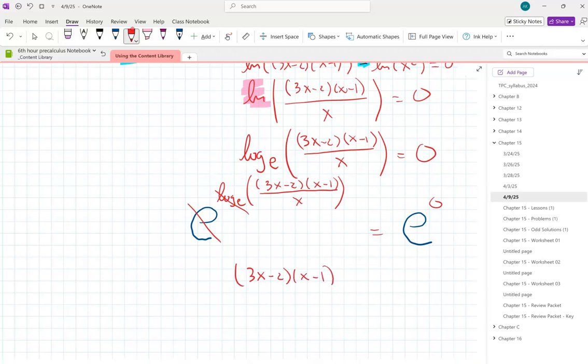So we're left with, oh my gosh, that was an x squared. I just forgot the squared. My apologies. How come you guys didn't yell at me about it?